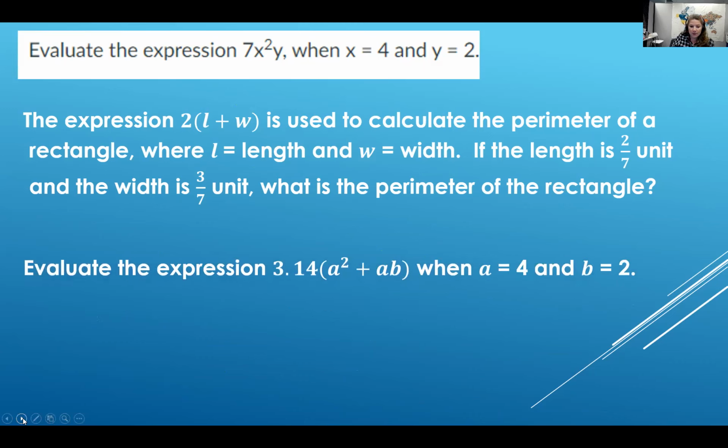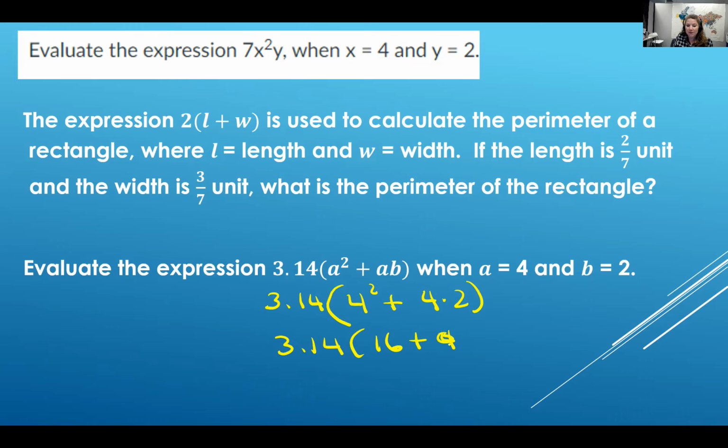Evaluate the expression. So 3.14 times 4 squared plus 4 times 2. All right, 3.14 times 16 plus 4 times 2. Excuse me. 4 times 2 is 8. Oh, that's ugly.